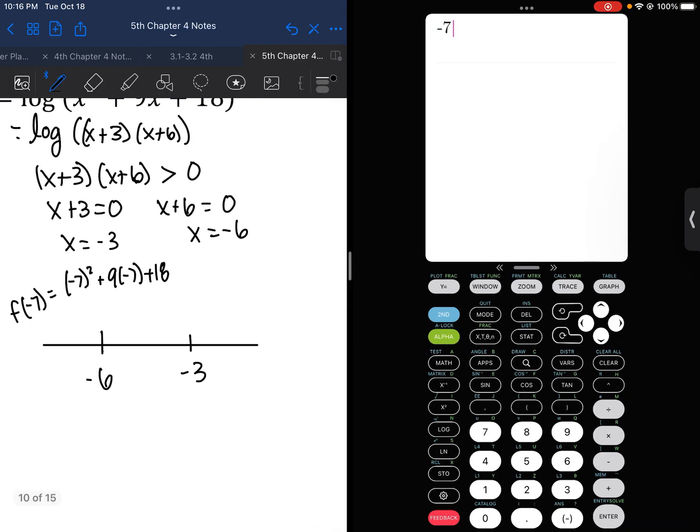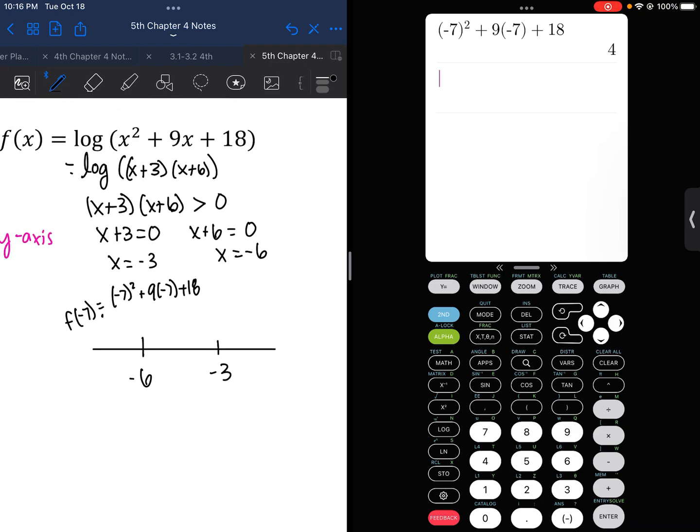So -7 squared, make sure you have parentheses around that one, plus 9 times -7 plus 18. So that's 4. And the question is, is 4 greater than 0? Can we plug a 4 in here and take the log of it? And the answer is yes. You can take a log of 4. That's fine. So that one works.